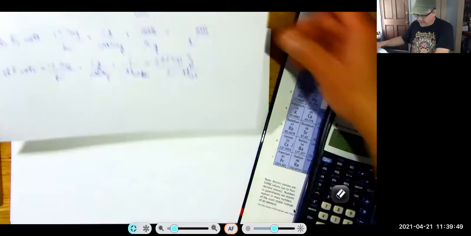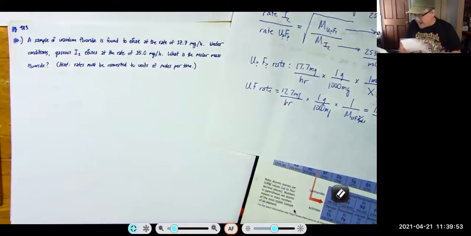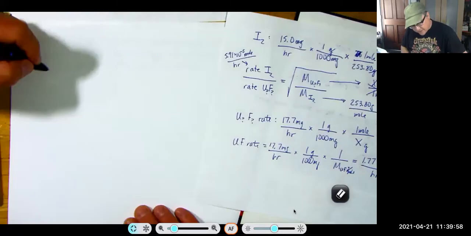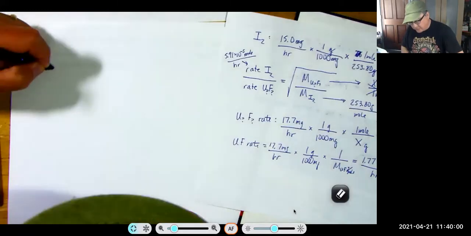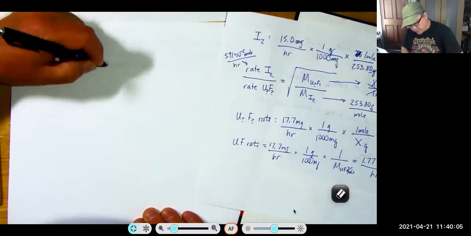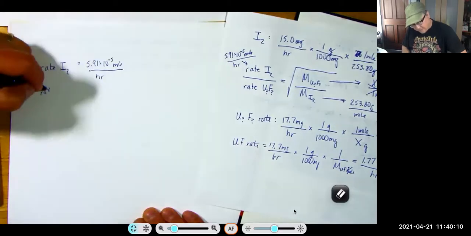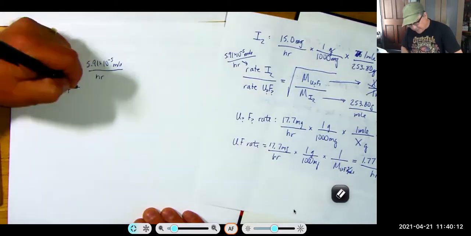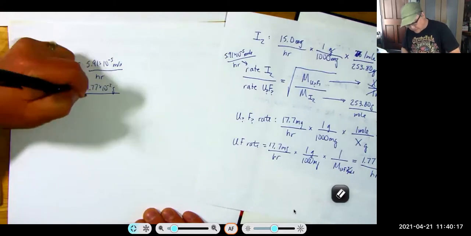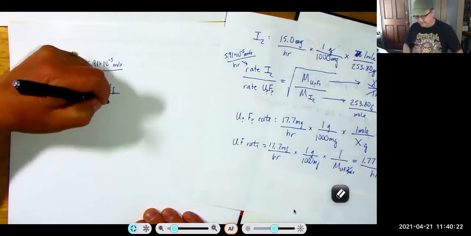So this is a really tricky one, but now we have some things that we can do here. So the rate of I2 is 5.91 times 10 to the minus 5 moles per hour. The rate of UF is 1.77 times 10 to the minus 2 grams per hour divided by the molar mass of UF.